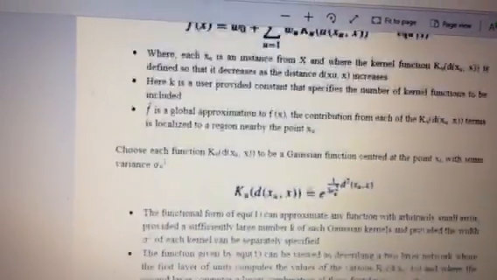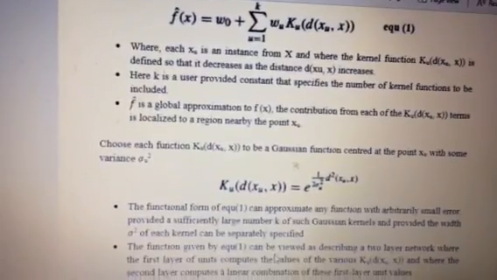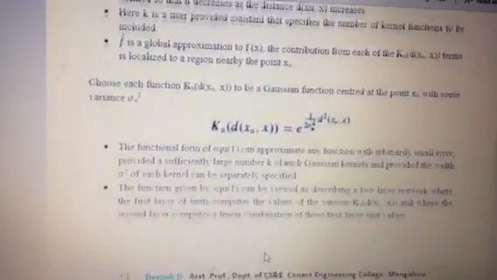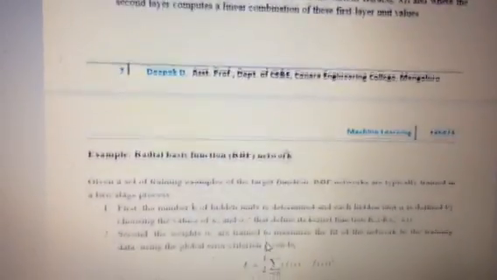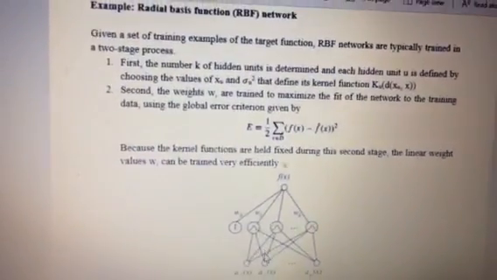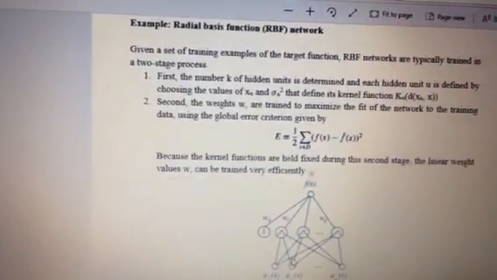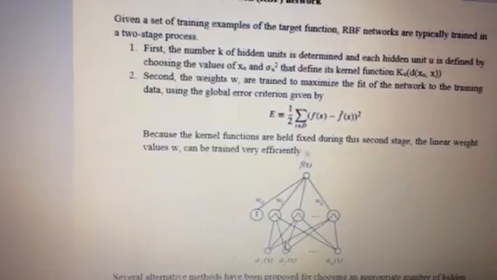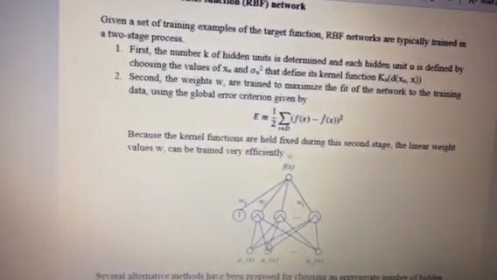So this is about the radial basis function. Let's see an example of a radial basis function. So this is an example of a radial basis function. Here it has two layers, first layer and second layer.